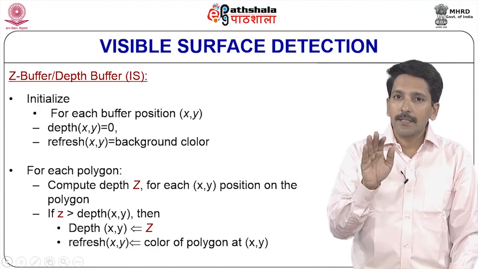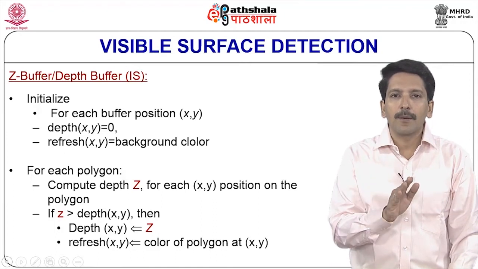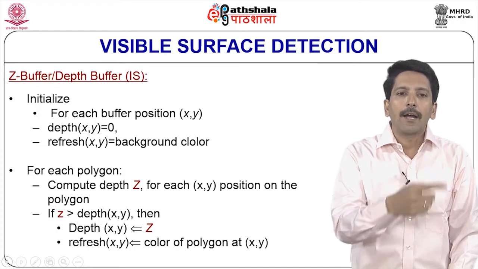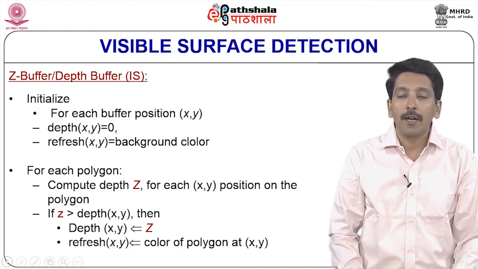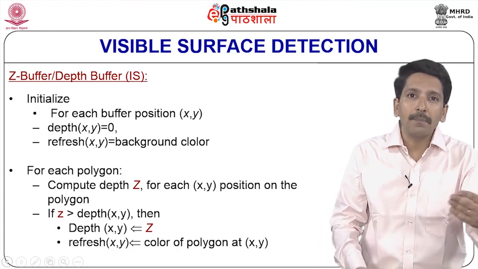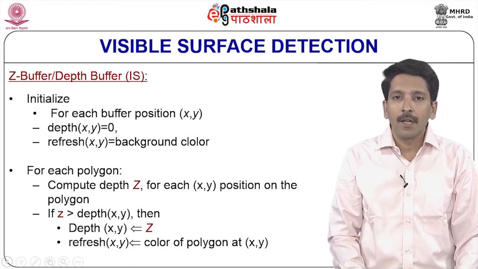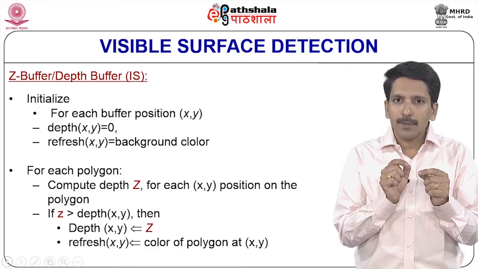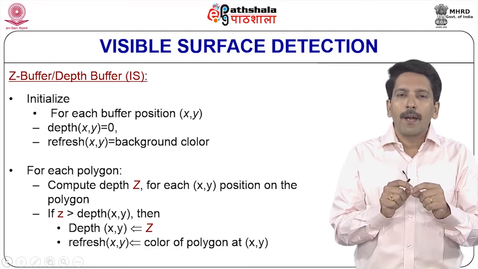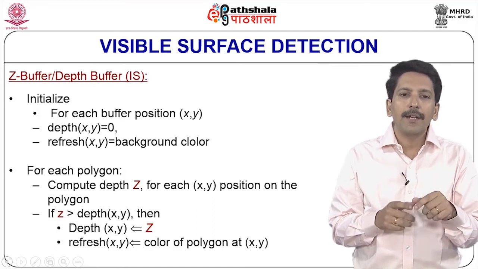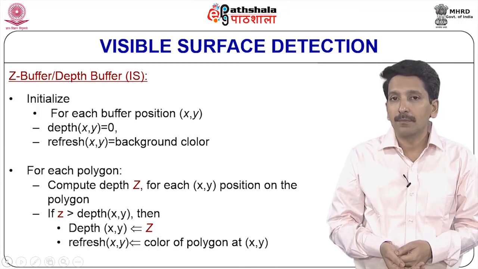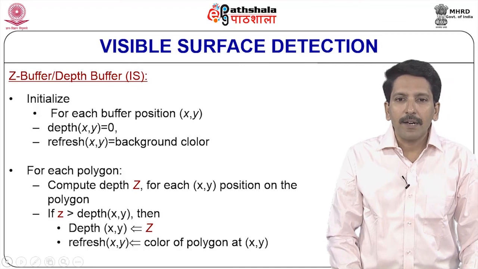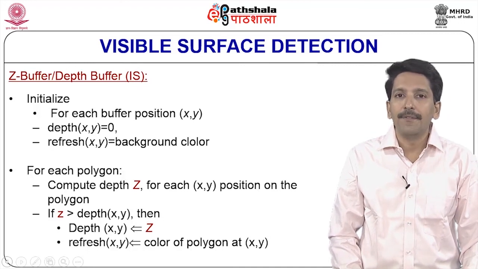Again, imagine there can be planar polygons or there can be non-planar polygons as well. So, take one polygonal face at a time, compute the depth value z. How do we know at what depth the polygonal face is? It is also interesting that at every pixel position on the view plane, when you process the same polygon, that might be at different depths. So, z for every xy position may be different.